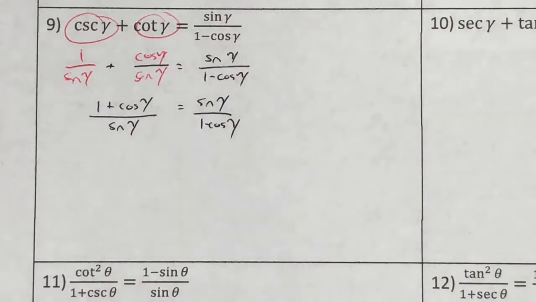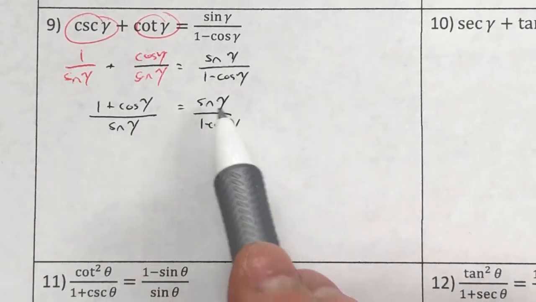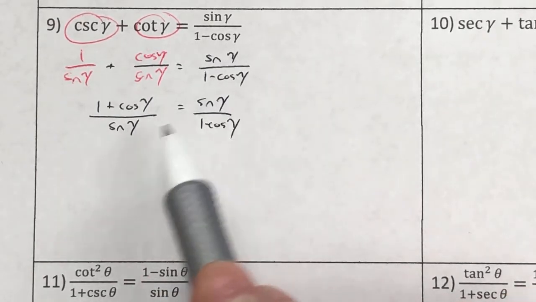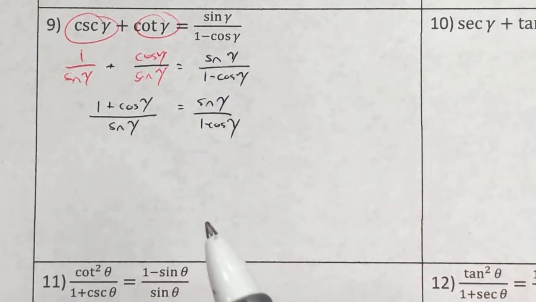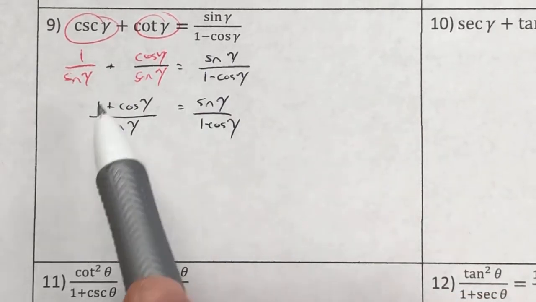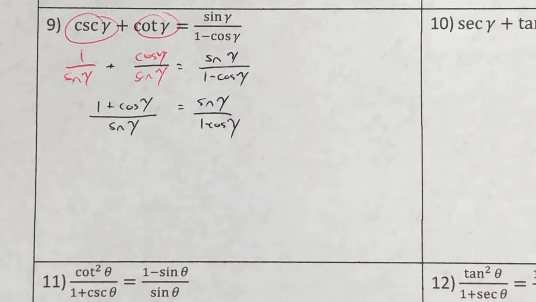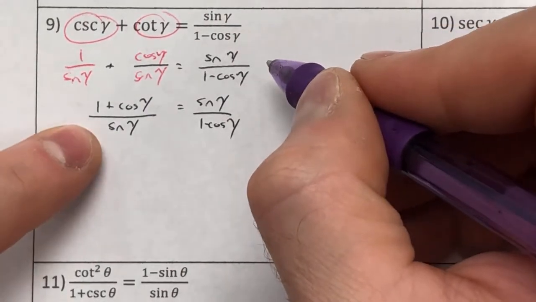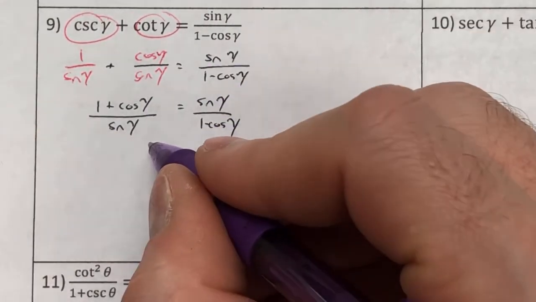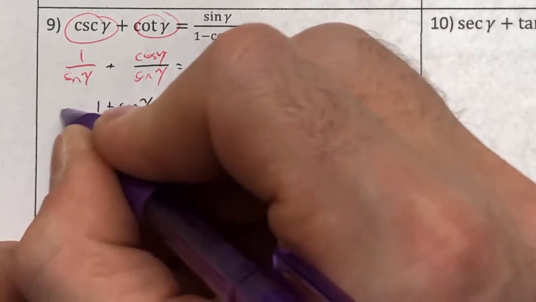Okay. So the other thing that we see is that these are almost the same thing diagonally speaking. I have a sine and a sine. I have a 1 plus and a 1 minus. At some points, you can even treat the proof, especially if you're working with both sides, almost as though you're working an equation, which means that if I multiply both sides by the sine squared of gamma, it's going to cancel out over here.